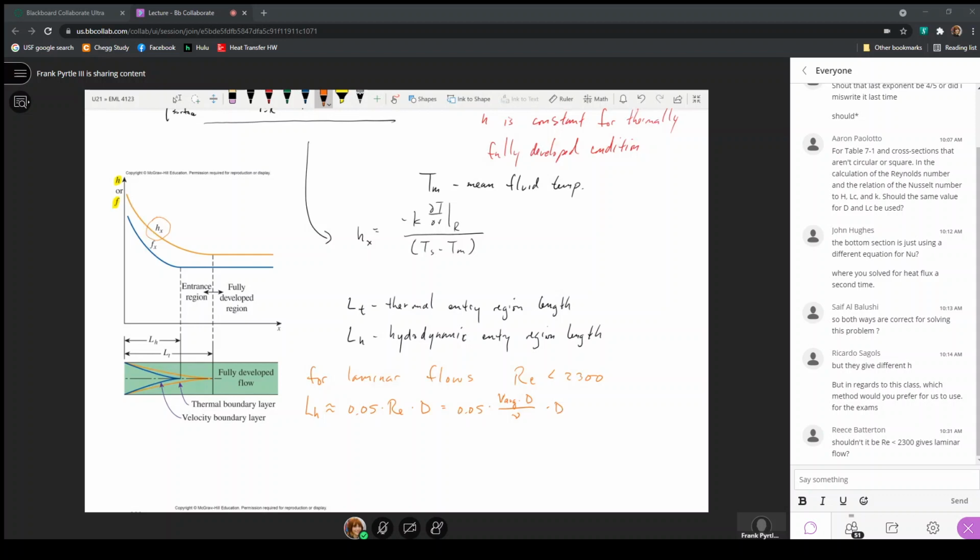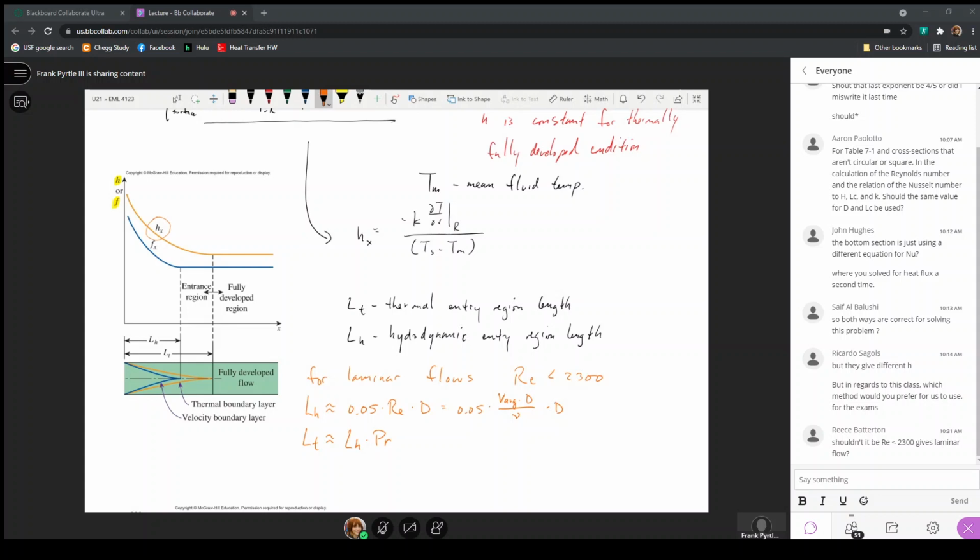This is particularly of interest for the hydrodynamic calculations, which usually center around finding pressure drops, so that we can consider how much pumping power needs to be supplied in order to move that fluid through the pipe. But the thermal entry region length for a laminar flow is calculated as just the hydrodynamic entry region length times the Prandtl number.